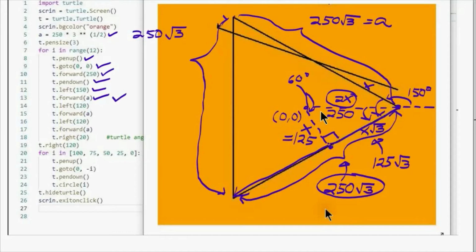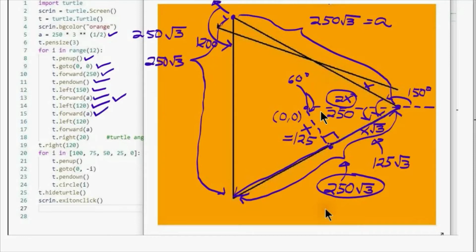And then at this point here, the turtle is directed towards that, but we want the turtle to be oriented like this, and this one is 120 degrees. 120 degrees. Okay. And after rotating the turtle 120 degrees, again we draw the line with length 250 radical 3.